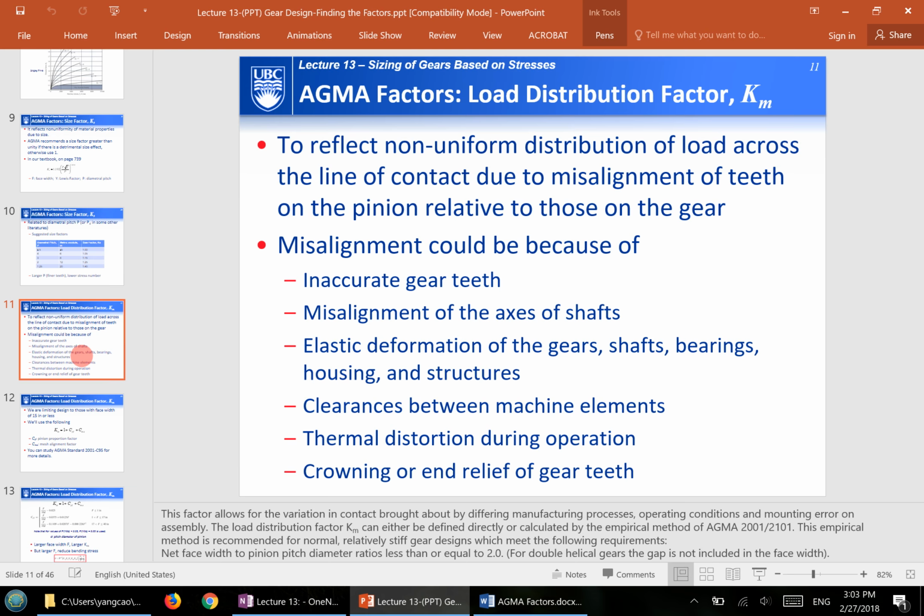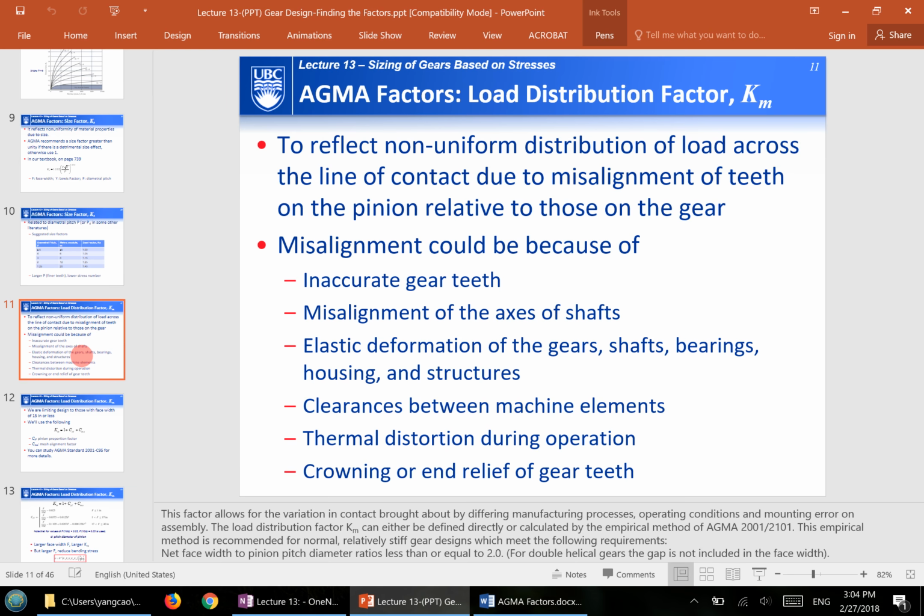What you really want is a uniform load distribution, but chances are you may not have one, for different reasons. One of the reasons is that the gear sits on a shaft, and it really depends on where you mount the gear. The problem with the shaft is what?